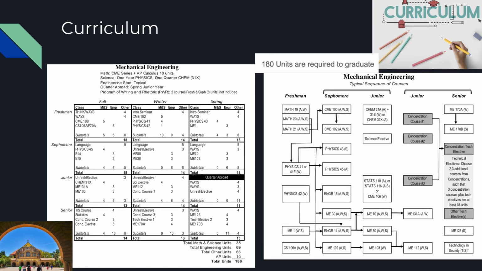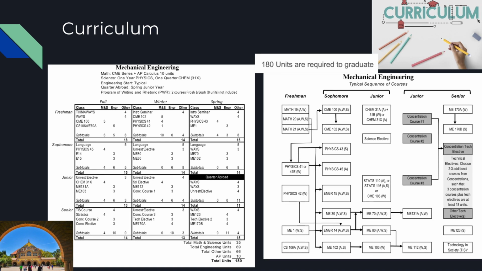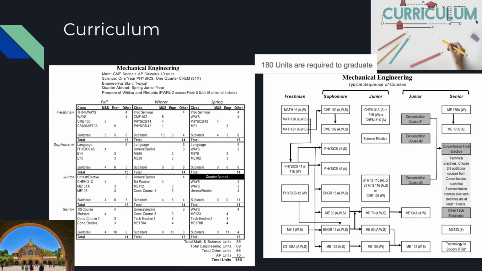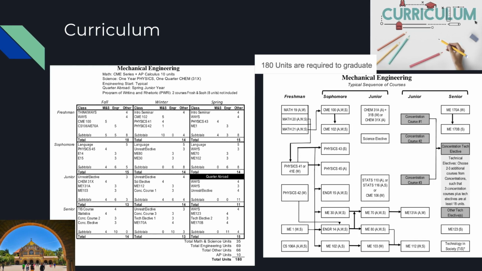Additionally, a physics depth, meaning three courses, is typically fulfilled by taking Physics 41 or 41E, Physics 43, and Physics 45, all three of those.